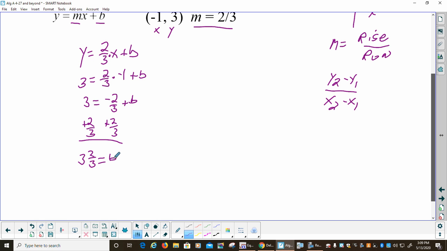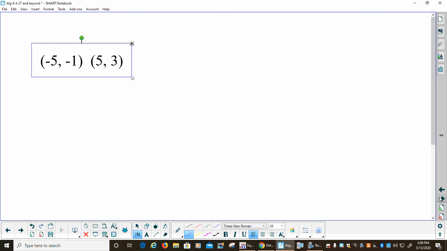There's your y-intercept. That's where you're crossing the y-axis. So to write your final answer, y is equal to 2/3 x plus your y-intercept, your value for b, 3 2/3. Okay. So what's new this week is that you're not told the slope.